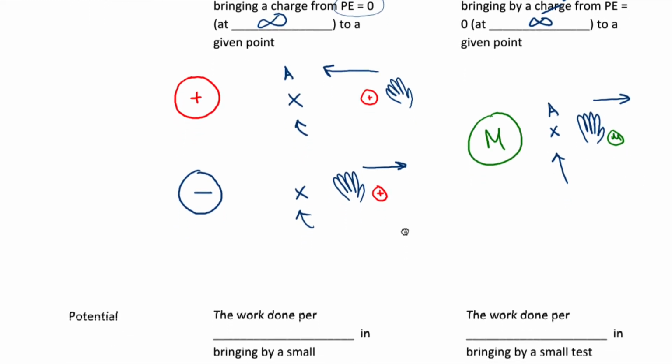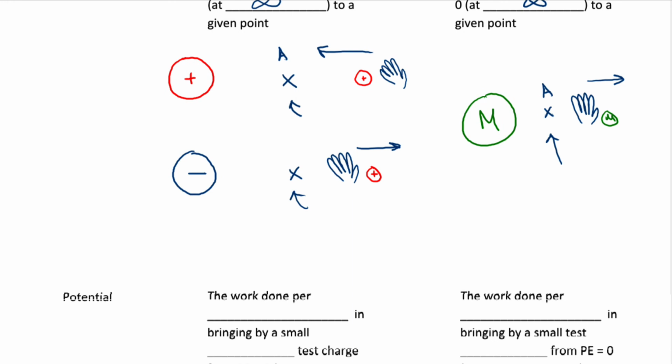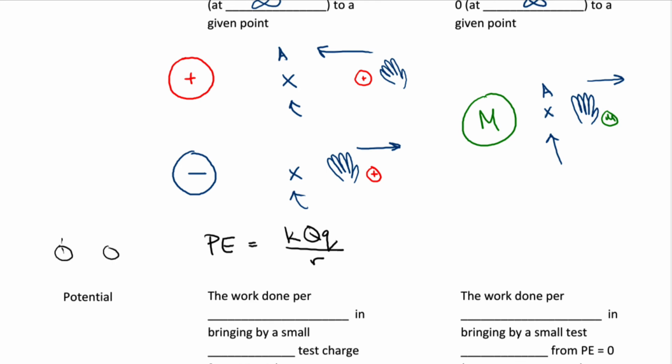So potential energies in gravitational situations are always going to be negative. Now, in terms of equations, I'm going to give these to you without proving them because it requires calculus, but the potential energy here in the electric situation is equal to K times the product of the two charges divided by R. And a reminder that R is the distance between the center of the two charges in the electric case, and it will be the distance between the center of the two masses in the gravitational case.